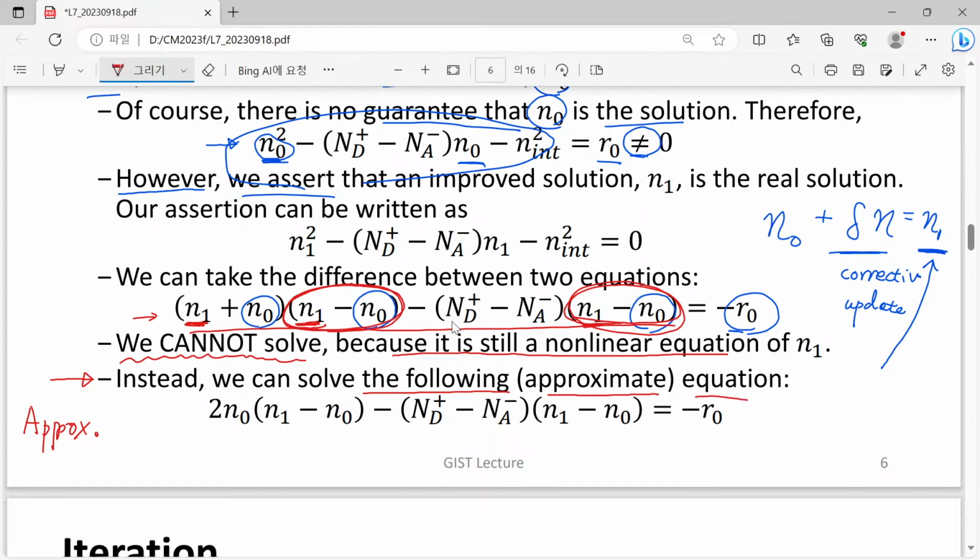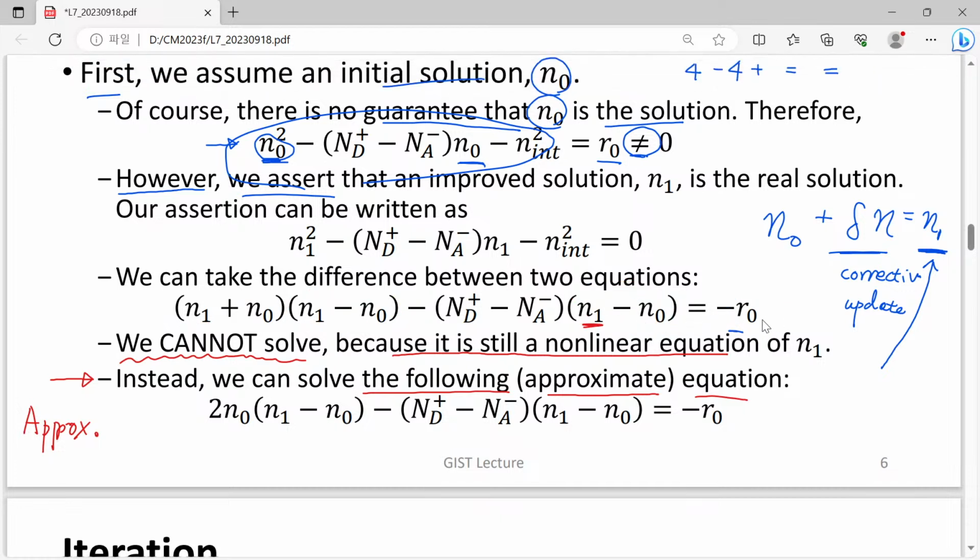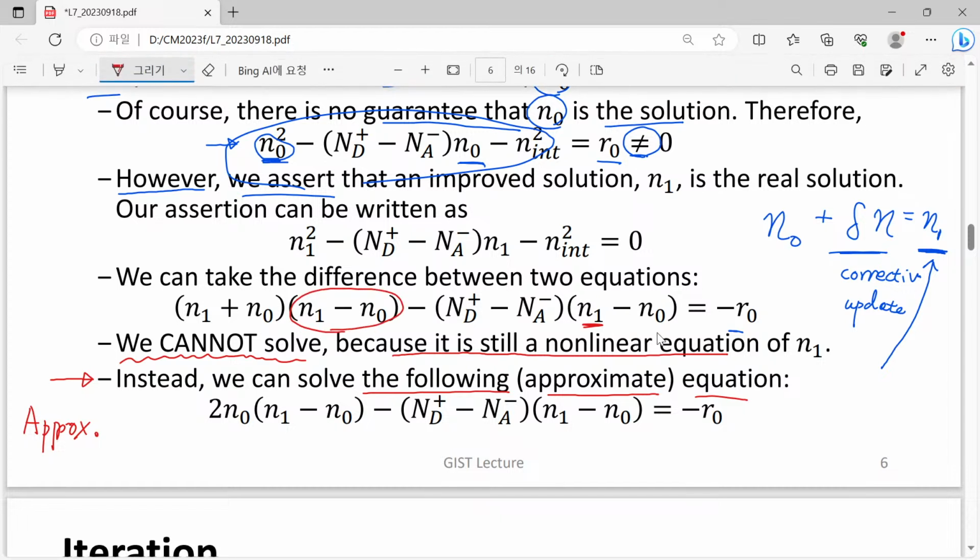What is the approximate equation? When you have a look at this one, we treat this update as an unknown variable. Now we have the update, and this right hand side term was just evaluated, and this is the given constant.